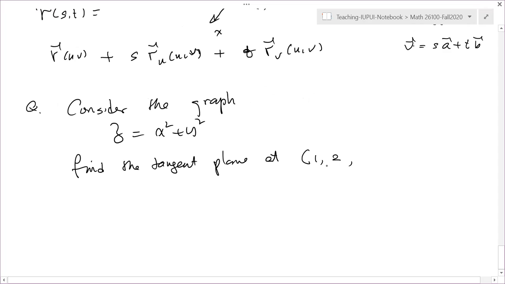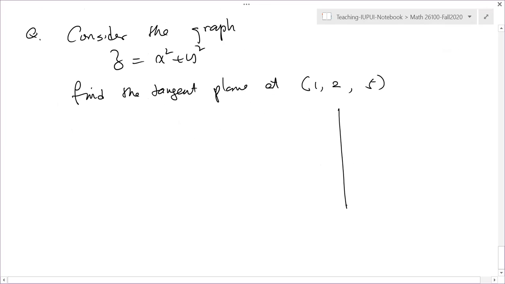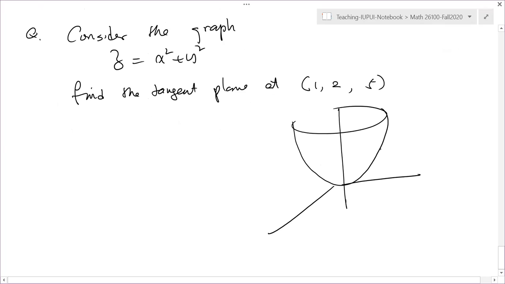When x is 1, y is 2, z is 1 plus 4, which is 5. So this is a point on the graph, (1, 2, 5), and you want to find the tangent plane at that point.